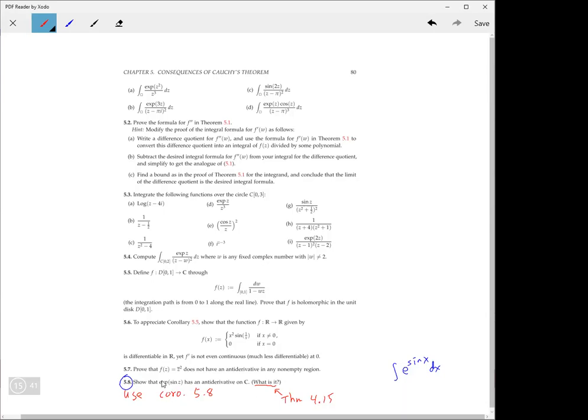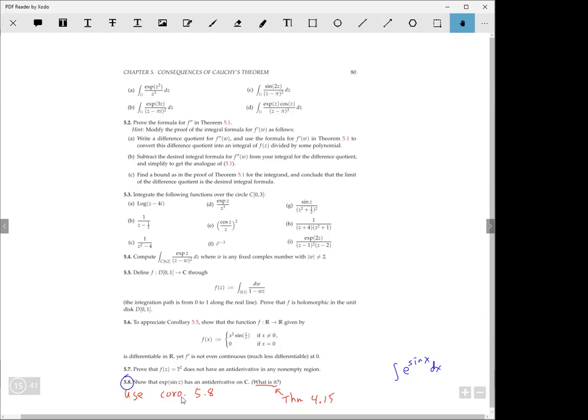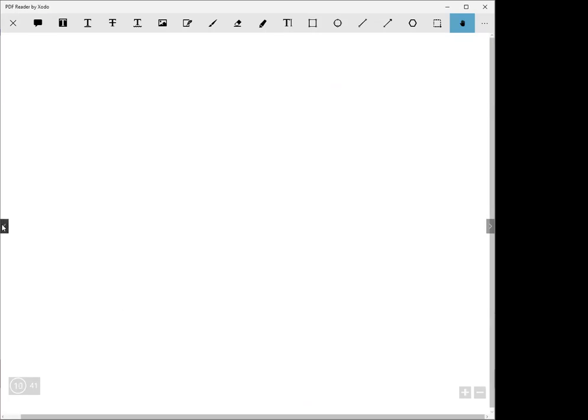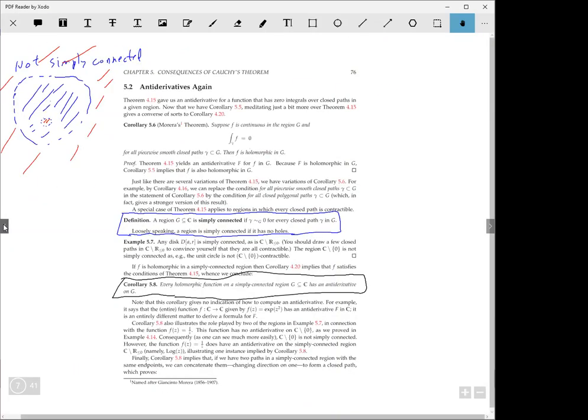So for exp of sine z, corollary 5.8 says every holomorphic function has an antiderivative. You should show that exp of sine z is holomorphic.